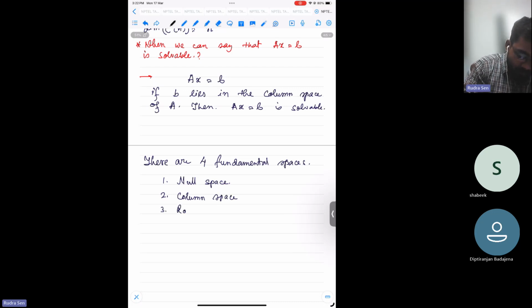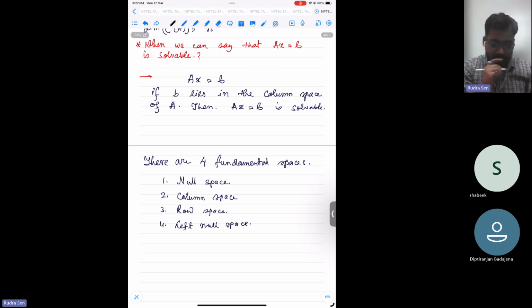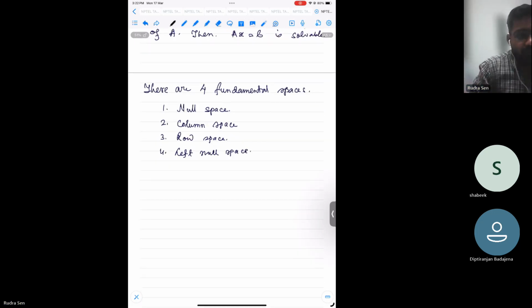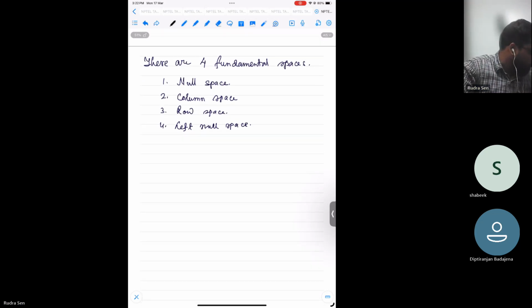The third one is the row space. And the fourth one is the left null space, or null space of A transpose. So the picture is something like that.